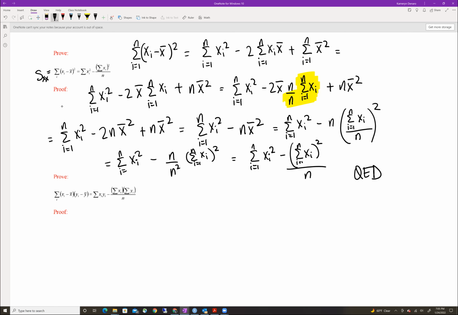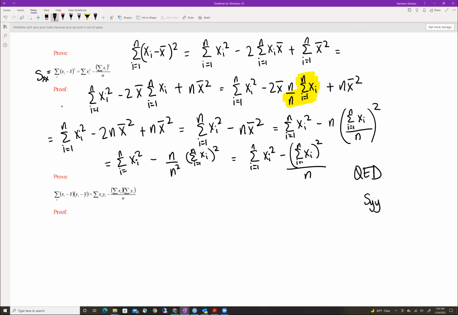Okay, I want you to practice the same type of proof with SYY. Those are the sum of the y deviations squared.